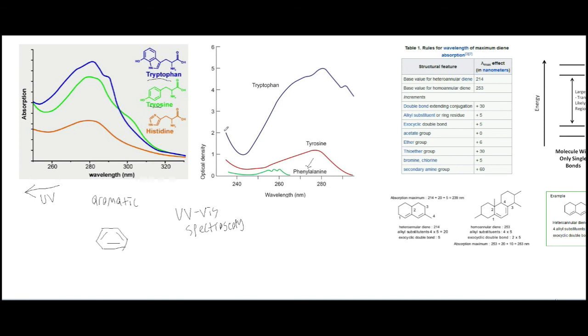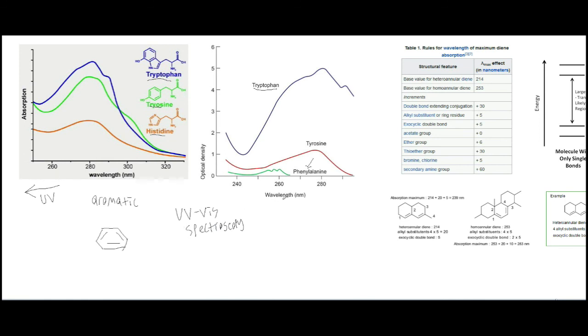And histidine is in here too. We see on here that tryptophan, which has this double ring species, so it's very aromatic here, has this very high peak, so that's often the one that you're looking for in UV-Vis spectroscopy.